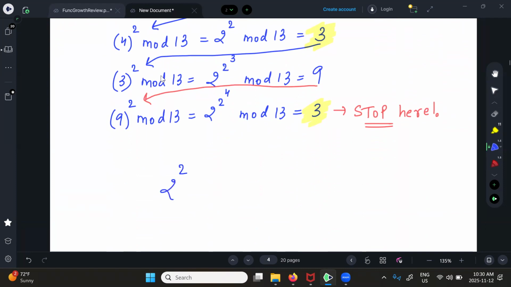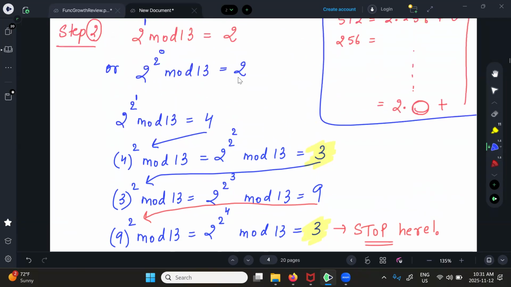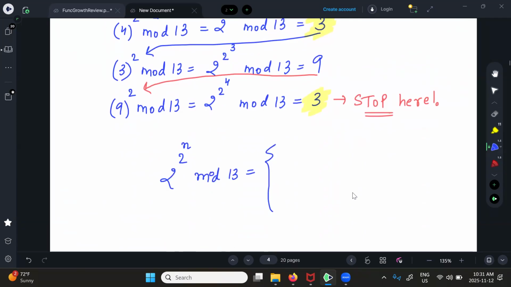If I have 2 raised to the power 2 to the power n, and I'm doing mod 13, how many possible answers am I getting? I'm getting 2, 4, 3, 9. These are the possible remainders I will get. They keep on repeating after 3.